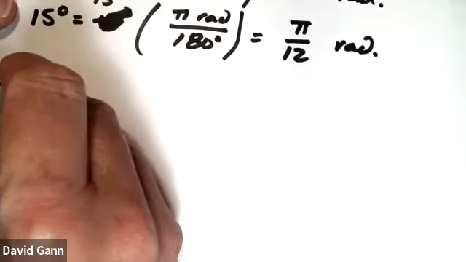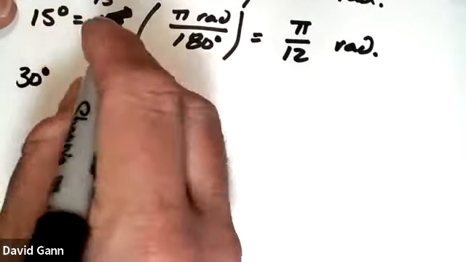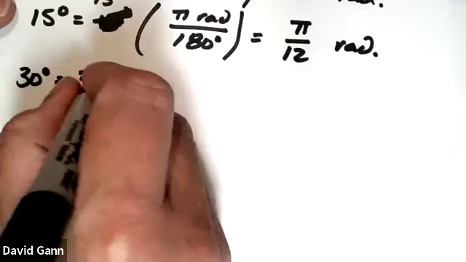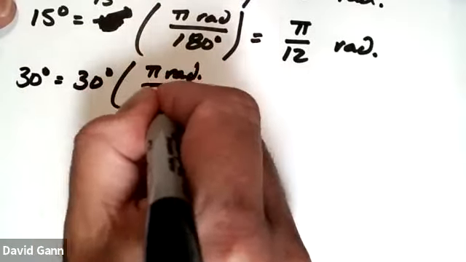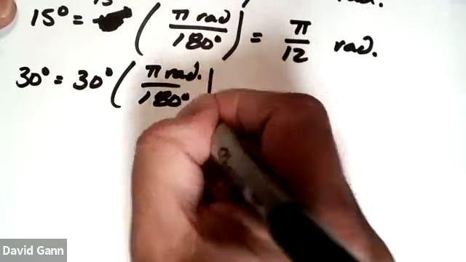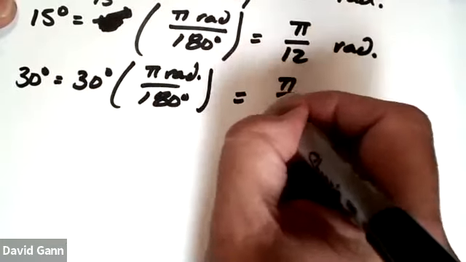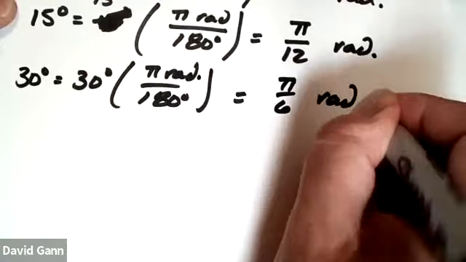So let's try another one. How about 30 degrees? Well, making the conversion, 30 degrees times pi radians over 180 degrees is equal to pi over 6 radians.